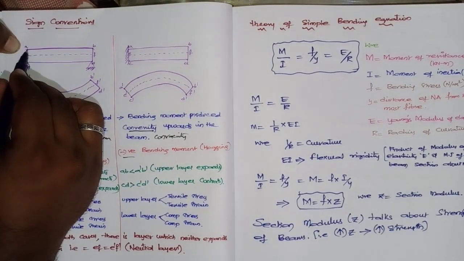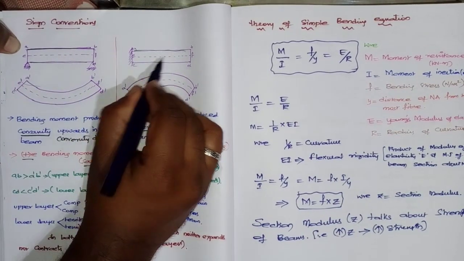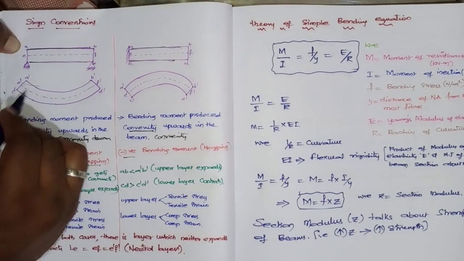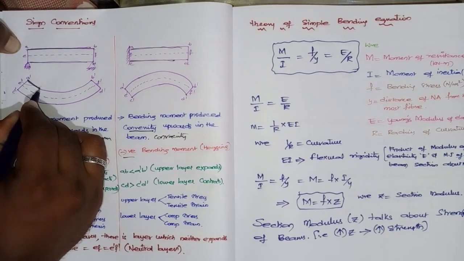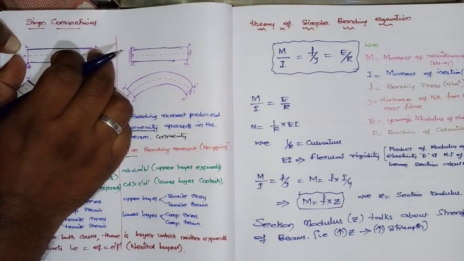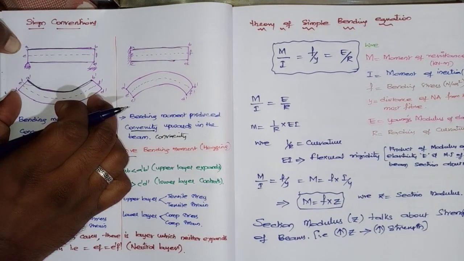And see, these are the extreme topmost fibers and extreme bottommost fibers. Here also extreme topmost fibers. Now because of this loading, the topmost extreme fibers will get compressed in case of simply supported, and the bottommost extreme fibers will be expanded.